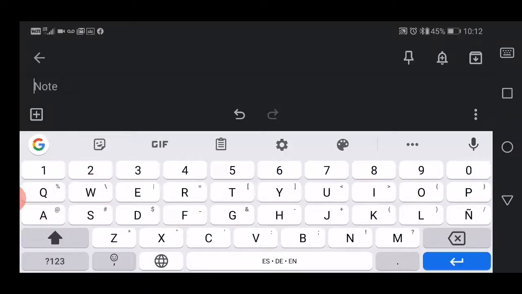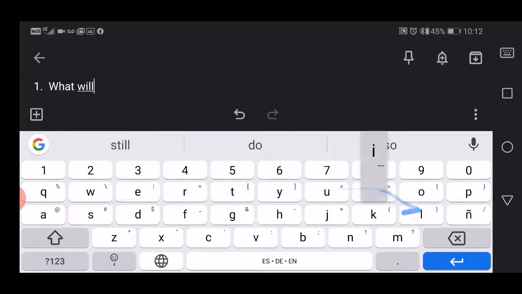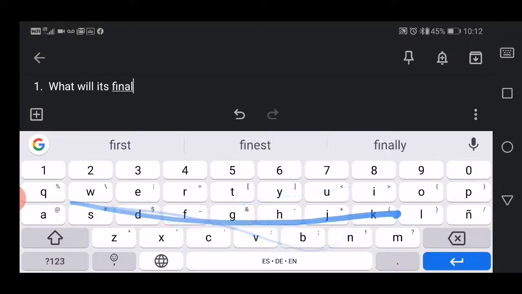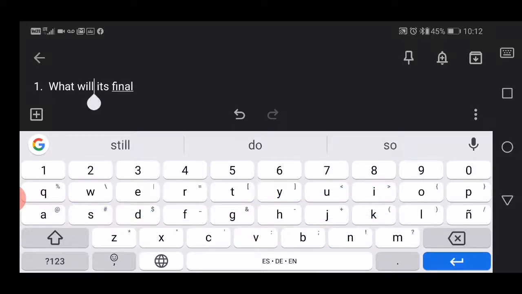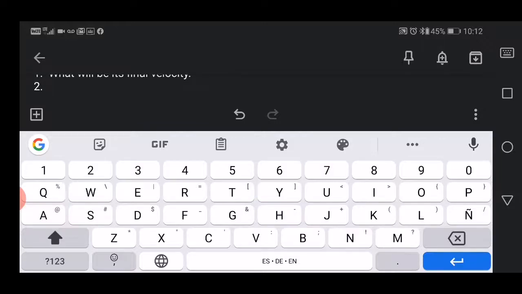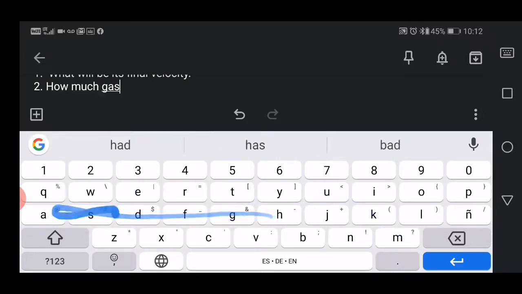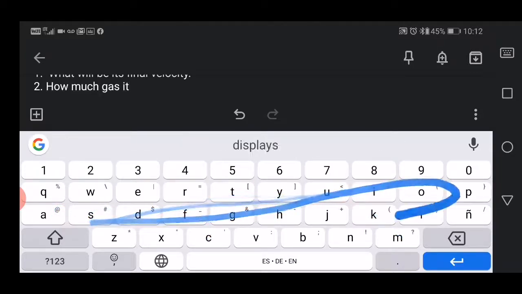Well, one of the things that you might want to wonder is what will its final velocity be? And then the second one, how much has it displaced?